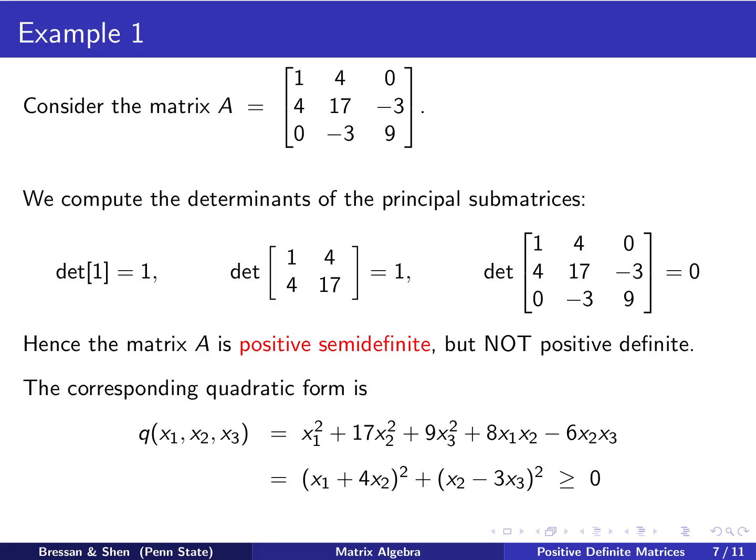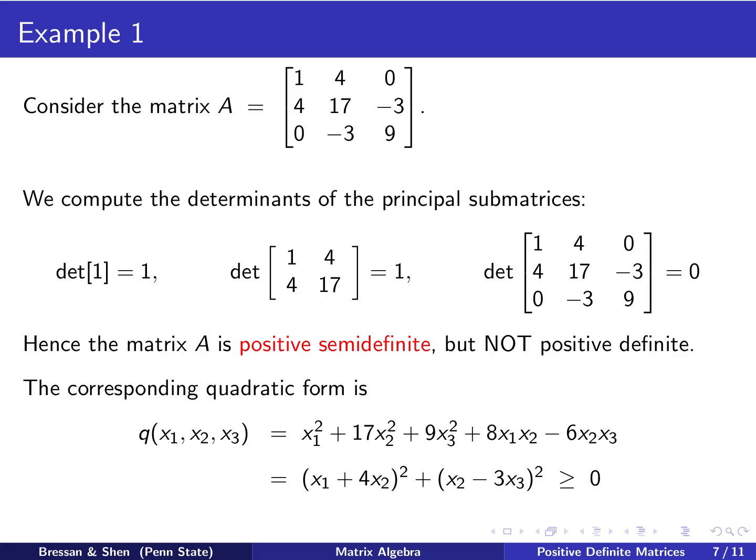So we can write this into squares. We see that we have an x1 squared, and then we have 8 x1 x2. And if we add a 16 x2 squared, we make a square like that.